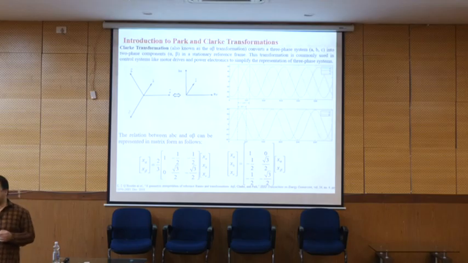Again, if you have an unbalanced system, we have alpha, beta, 0. Okay? So this is the reverse one. We see that the 3-phase can be changed to 2-phase, but with sinusoidal values and different amplitude. So each time the theta is changing, the value is changing also.